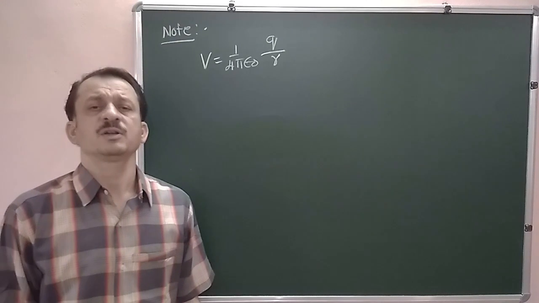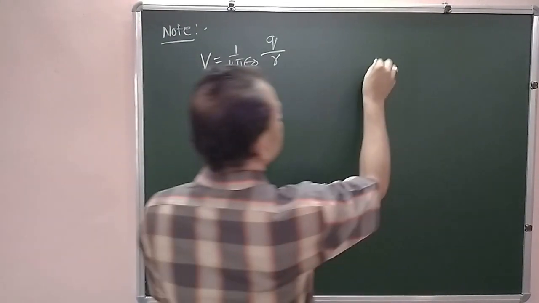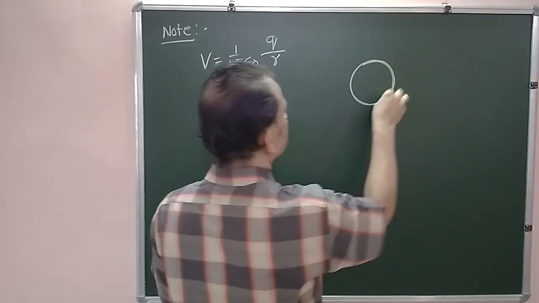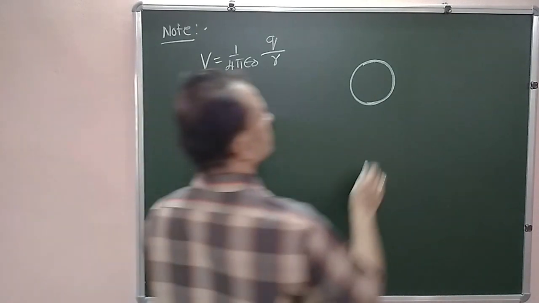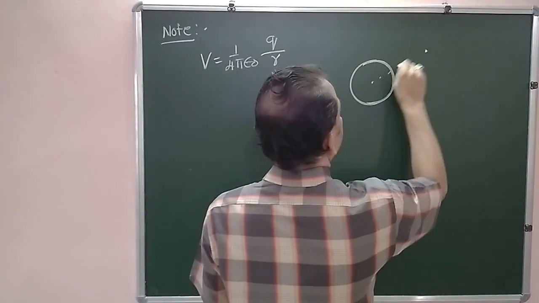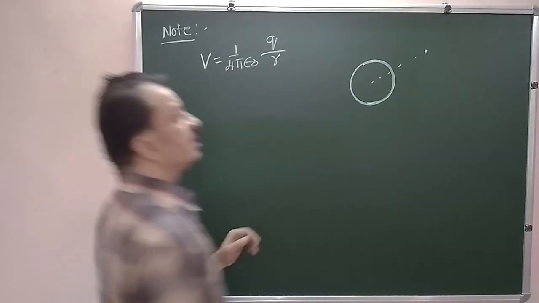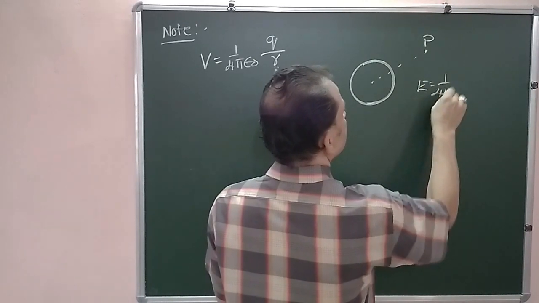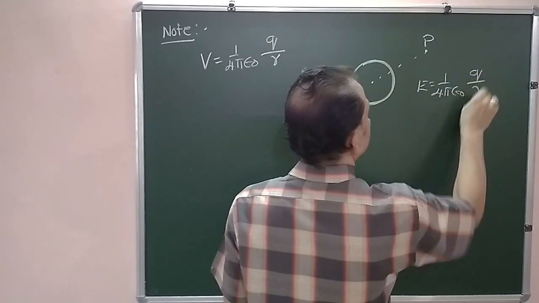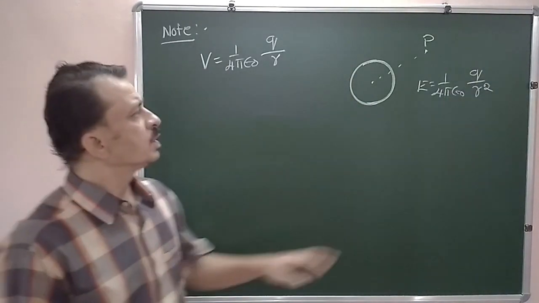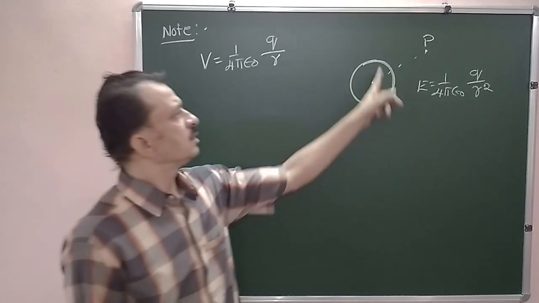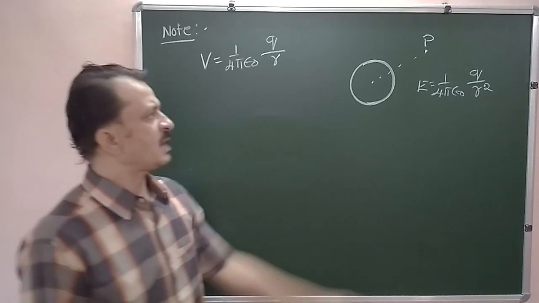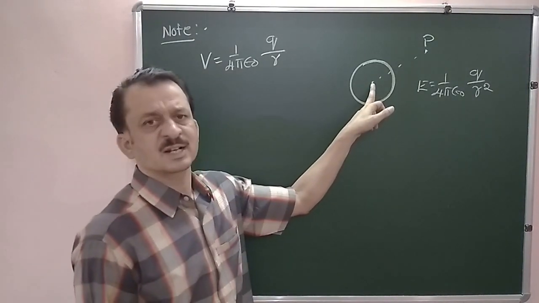Now in the first chapter we have studied a uniformly charged spherical shell, and we calculated the electric field for an outside point P as E equal to 1 divided by 4 pi epsilon naught into Q by R square. Here we have assumed that all the charges on the spherical shell are concentrated at the center.